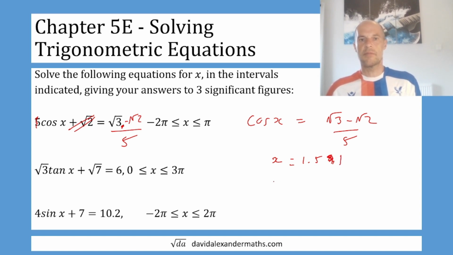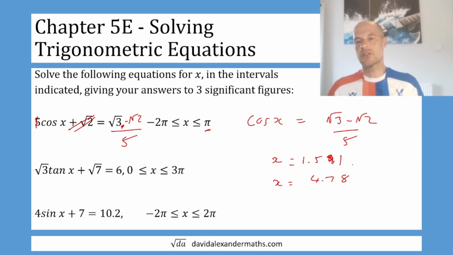1.51. My next solution is this subtracted from 2 pi, so 2 pi take away the answer, which is 4.775, so 4.78. And we can see that this is greater than pi. Hopefully we know that pi is 3.141, so I'm going to exclude this one. Now, remember, we've got this pair of solutions.